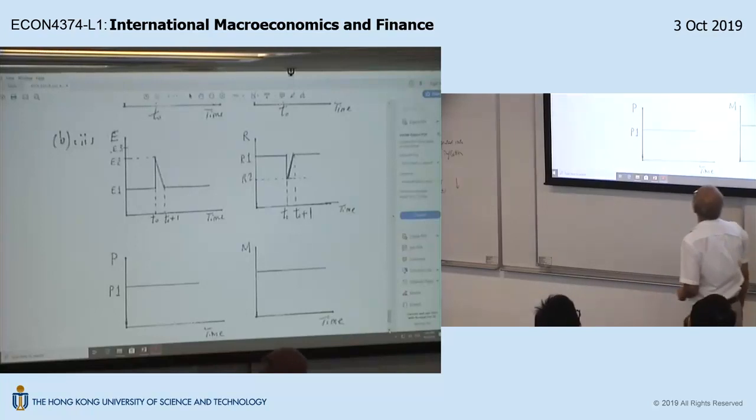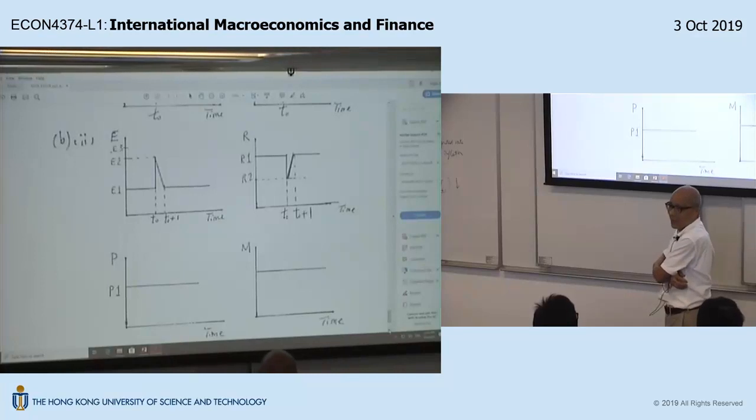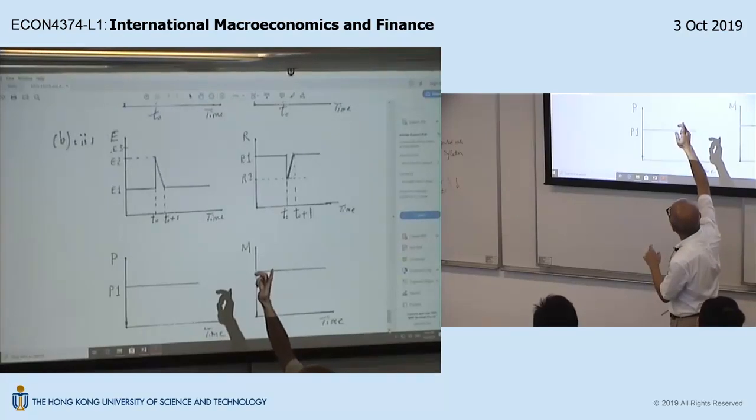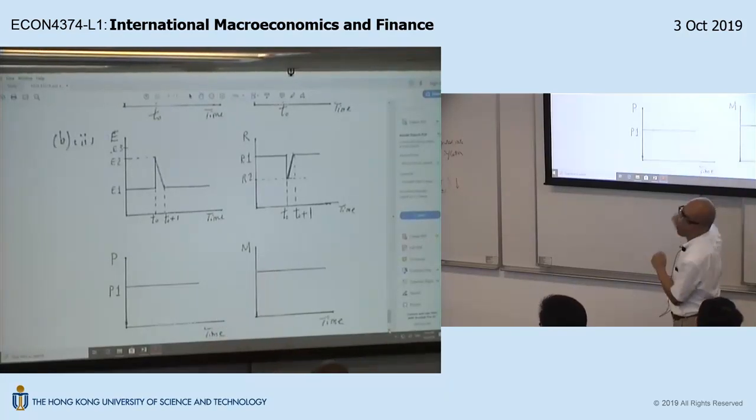Oh, okay. Yeah, you may be right. That's just a minor detail. All I want to say is that it will just rise temporarily and then fall back in the next period.